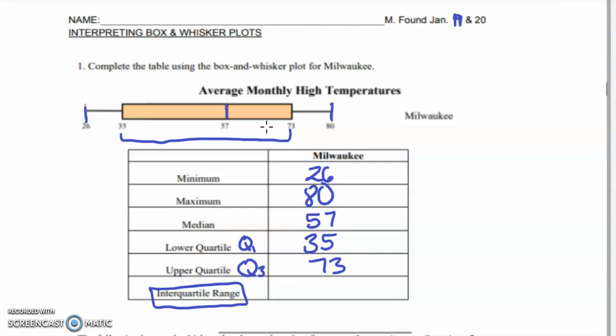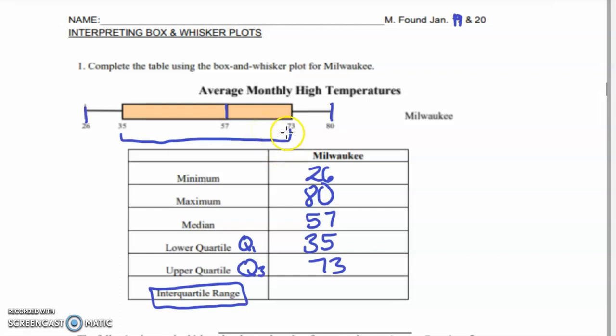Okay? So when we talk about range, normally we're talking about the range of our whole set of data. So 80 minus 26 would give us a range of 54. In this case, 54 degrees. For interquartile range, we just want to know how big is the middle of our data.